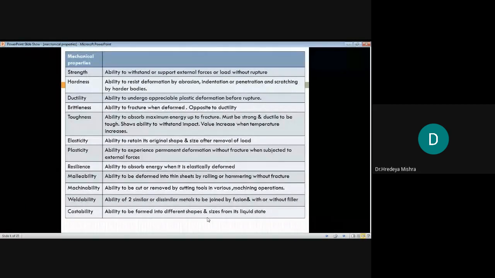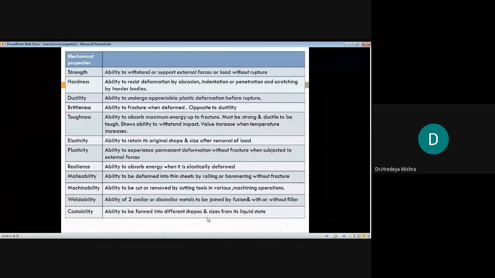It's called hardness. Or we can say the ability to resist deformation by abrasion, indentation, penetration, and scratching by a harder body. That is called hardness.